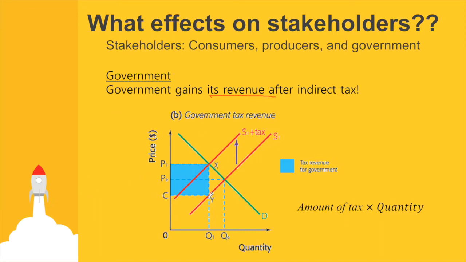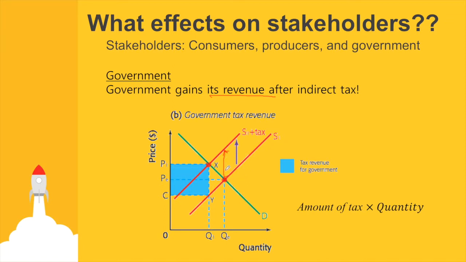So here, let's look at the original equilibrium and the new equilibrium formed here. As I said before, at this price level, the supply curve shifts by this amount, which means this gap shows the amount of tax, right?